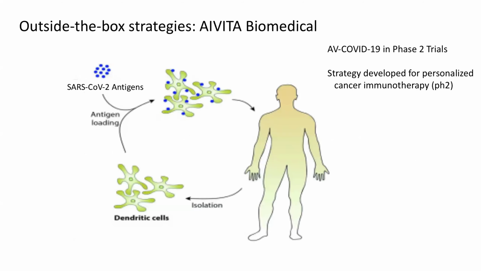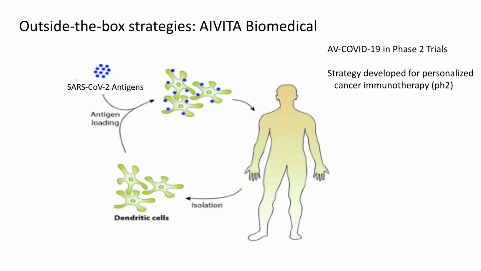Okay, I want to talk a little bit about a couple outside-the-box thinking strategies, because I think they're definitely interesting compared to traditional vaccine strategies. The first one is from a company called Ivida Biomedical, and they're currently in a phase 2 clinical trial with this vaccine.